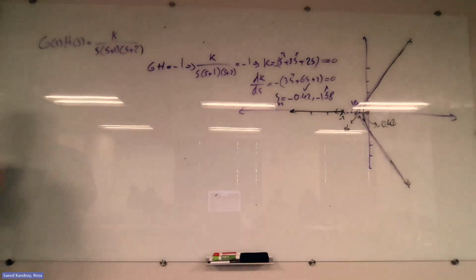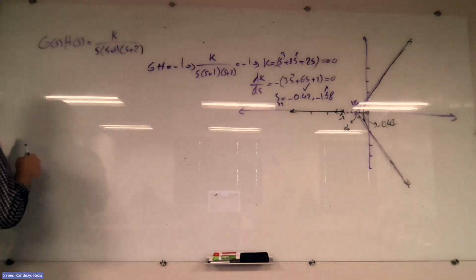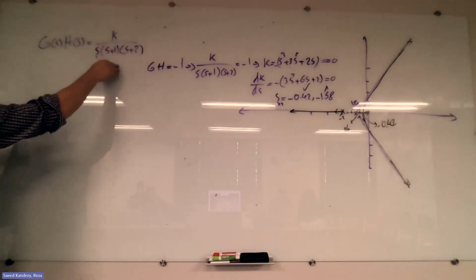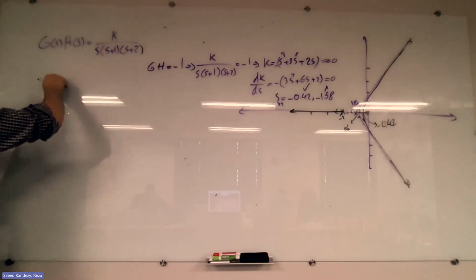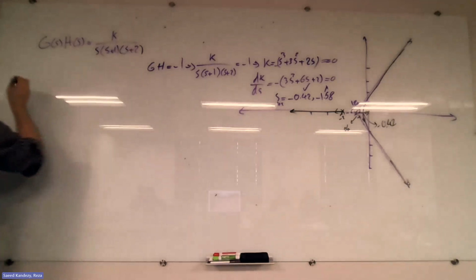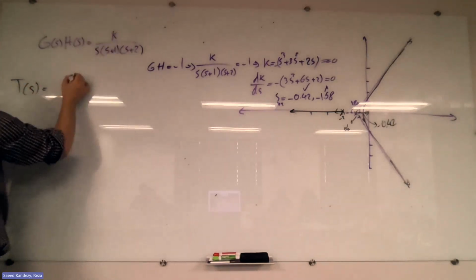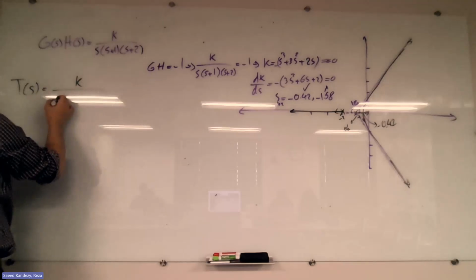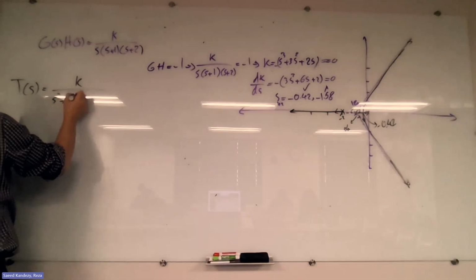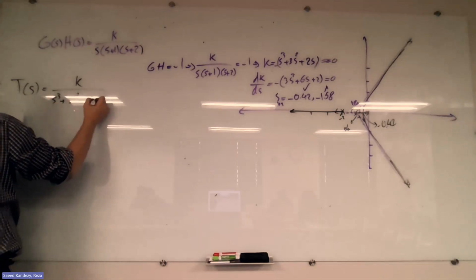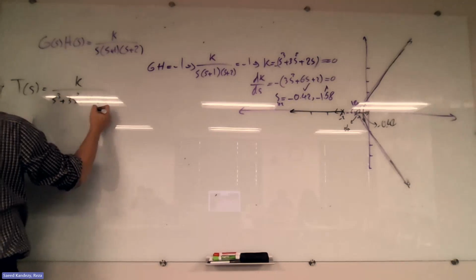So we already derived the characteristic function, which is the denominator of the whole transfer function. Let me actually write the transfer function. It is going to be k over s cubed plus 3s squared plus 2s plus k.